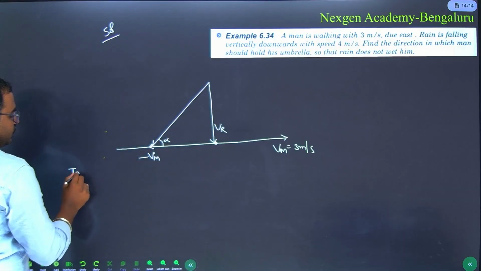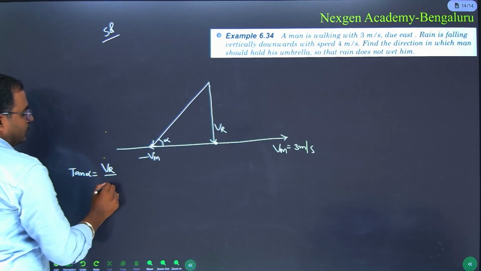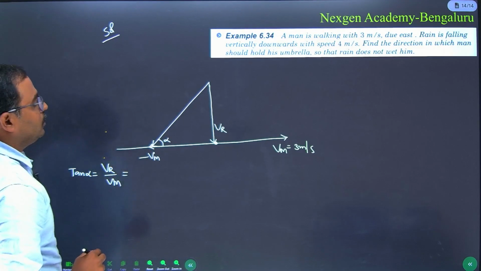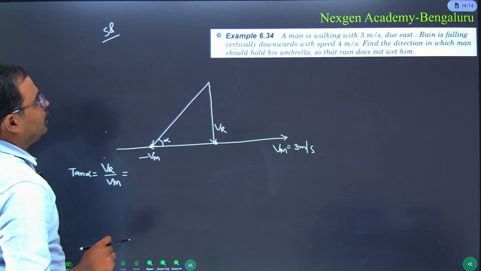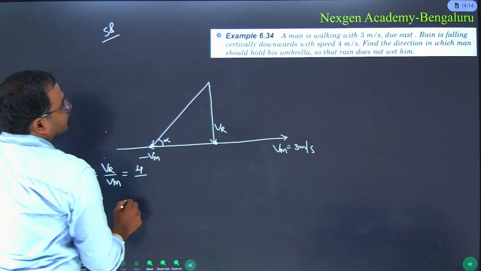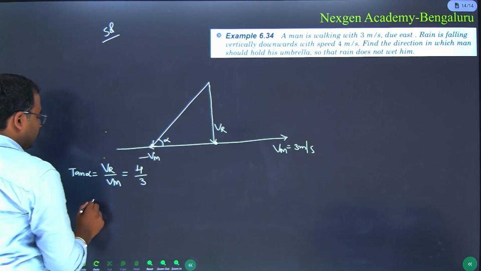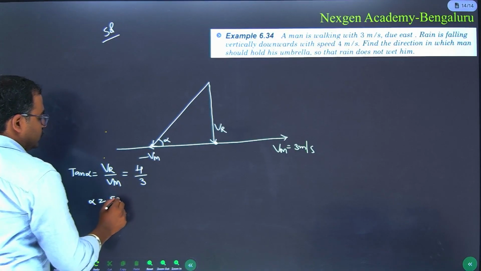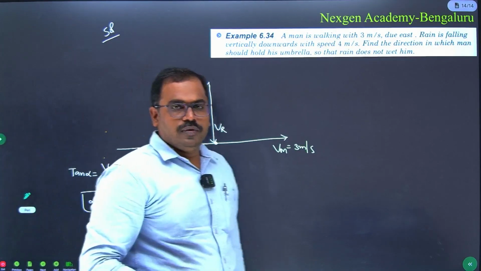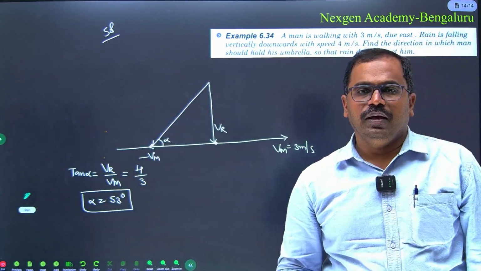Tan alpha is equal to opposite side VR over adjacent side Vm. The velocity of the rain is 4 and the velocity of the man is 3. Alpha is equal to how much? 53 degrees with the horizontal. So at 53 degrees with the horizontal, this man has to hold the umbrella.